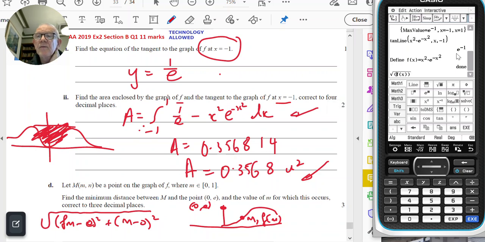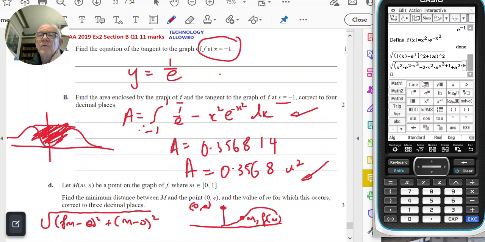So I want f of x, and I'll use x not m, minus e to the 1, and we're going to square that. Plus bracket x minus 0 squared. So that's an expression for the distance.